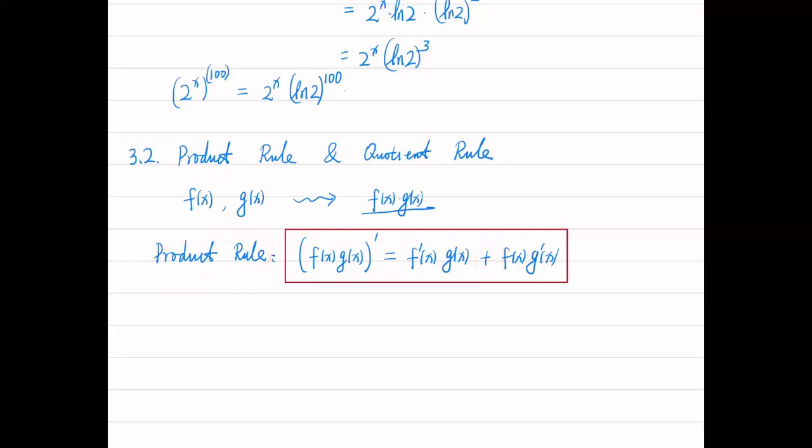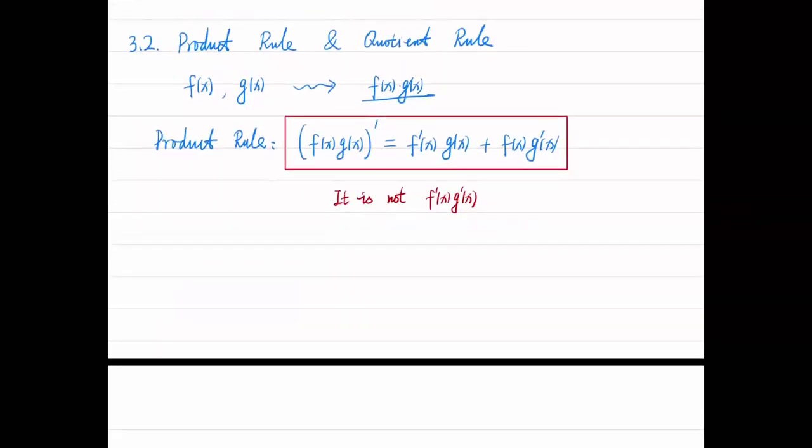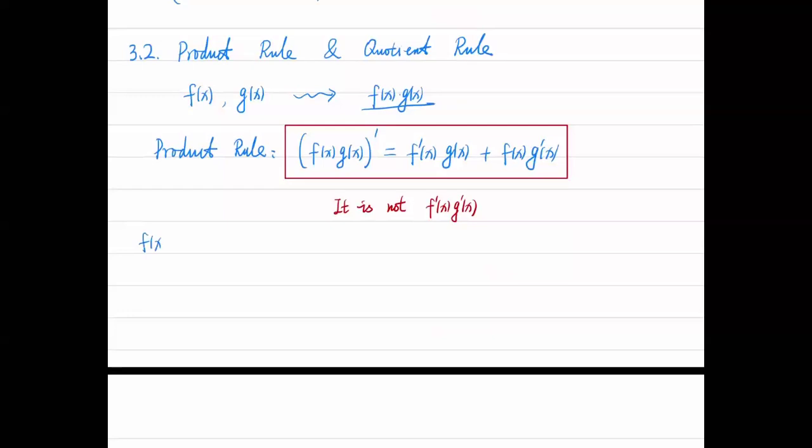In particular, I want to emphasize, the derivative of the product is not the product of the derivatives. Let's see why with a simple example. f(x) is x to the fifth, g(x) equals x cubed.